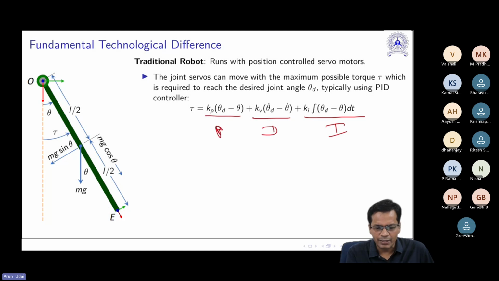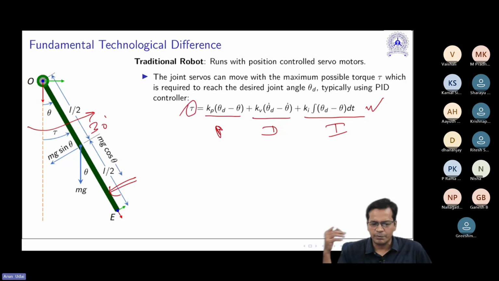If the error remains there due to the obstruction while you are commanding it to go to 30°, error integrated over a period of time will build up too much torque over here, and that will burn the motor or maybe break the obstacle or maybe the robot arm. So this is very, very bad. So you were running on joint position servo control.